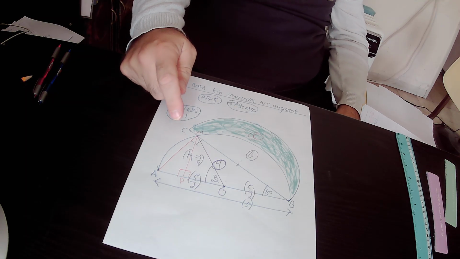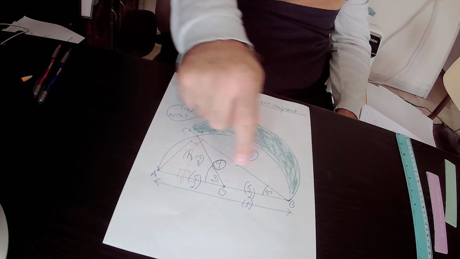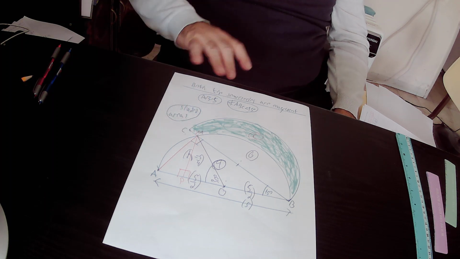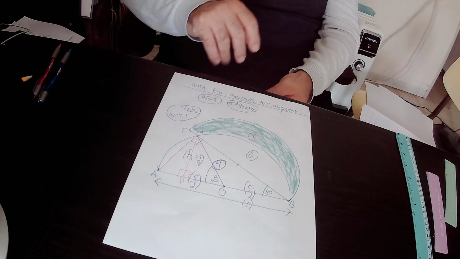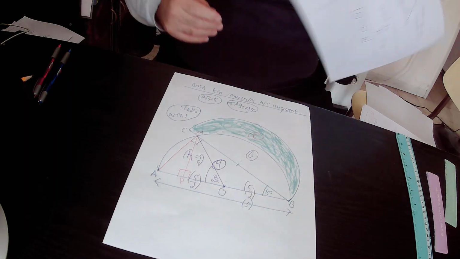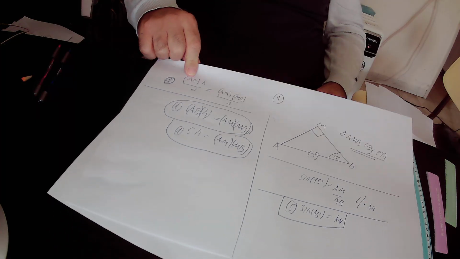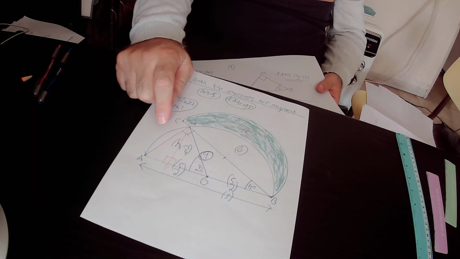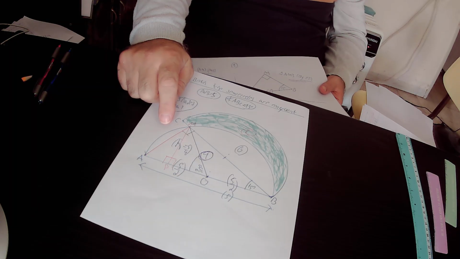The area according to the first calculation is equal to the base AB times the height PM over 2. We define the height PM as h. So according to the first method, the area is the base AB times the height h over 2.